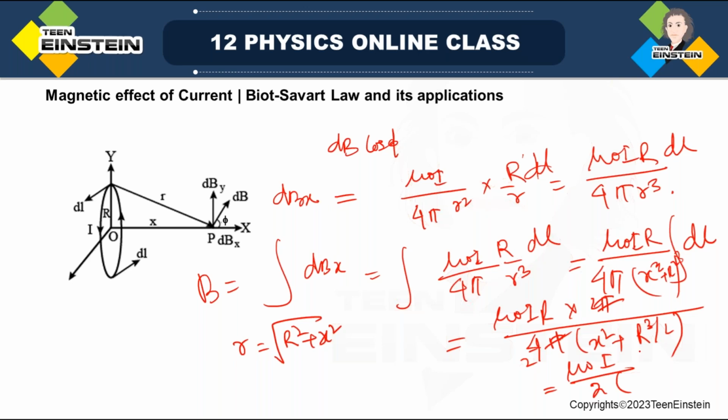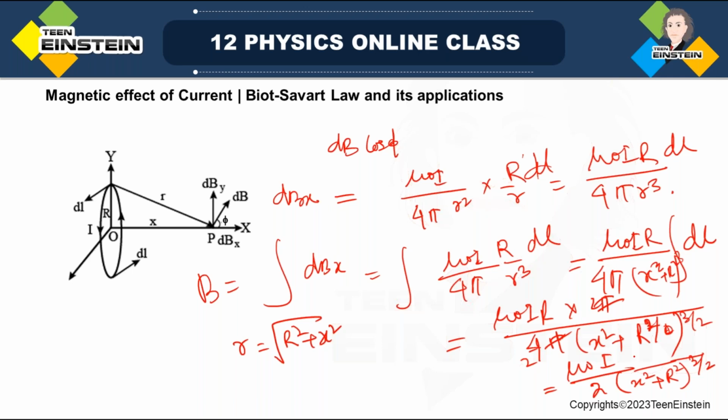Okay, let me just check. So x square is here, this will be x square. Okay, this will be 3 by 2 actually, 3 by 2.